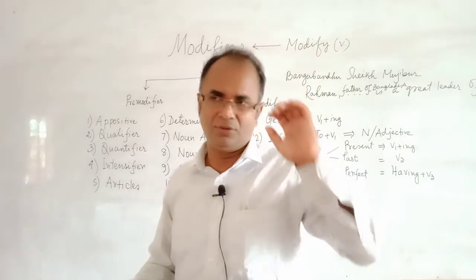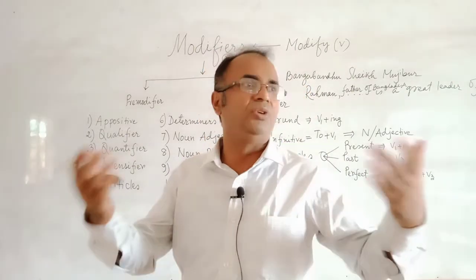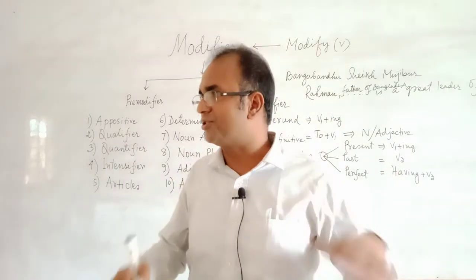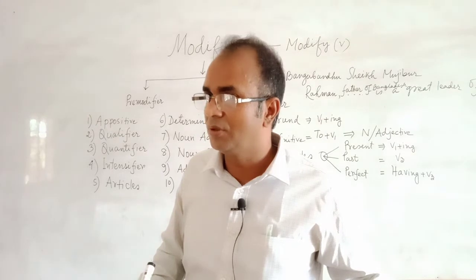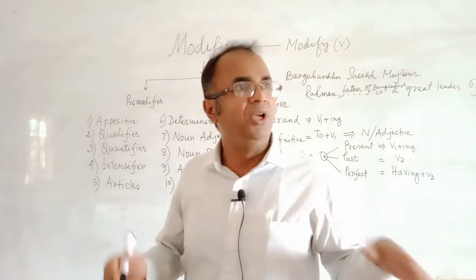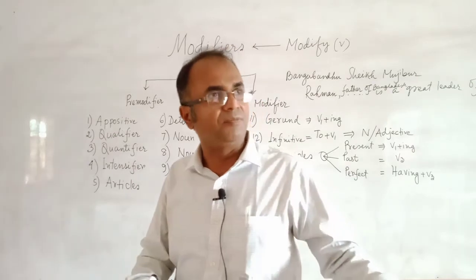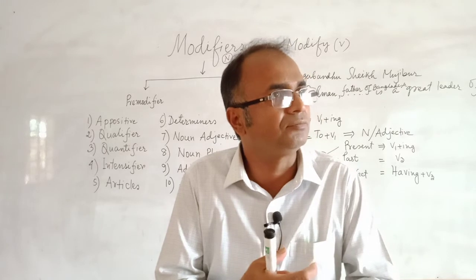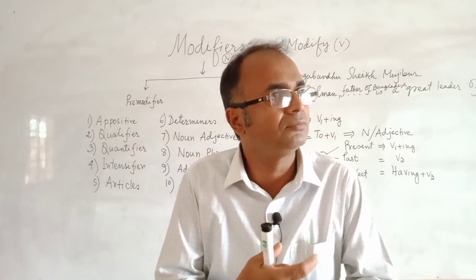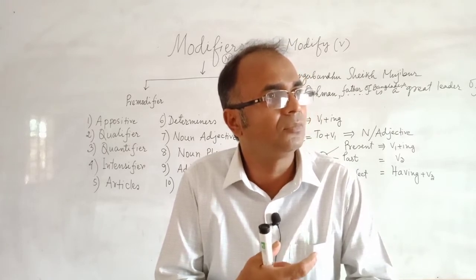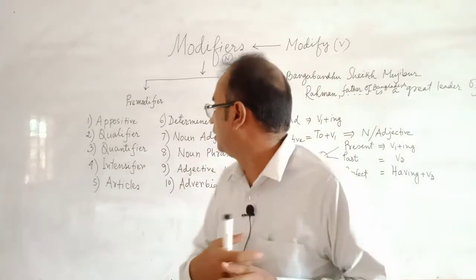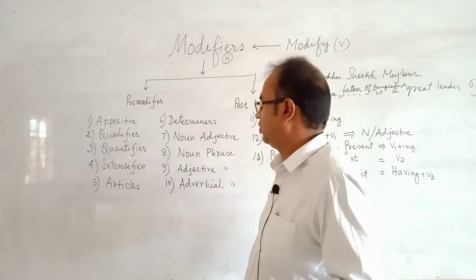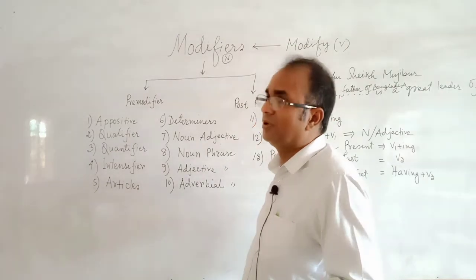Some students, many students, a few students, a drop of milk, a drop of something, a small amount of water. Okay. Quantifier is an idea of number. Idea of number.